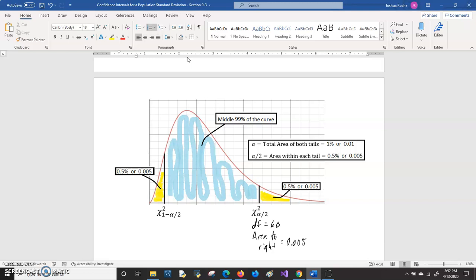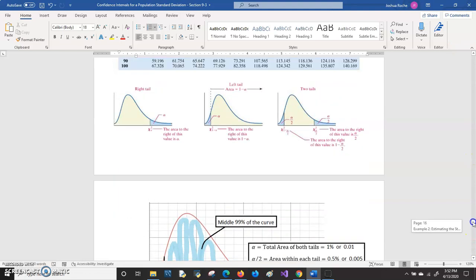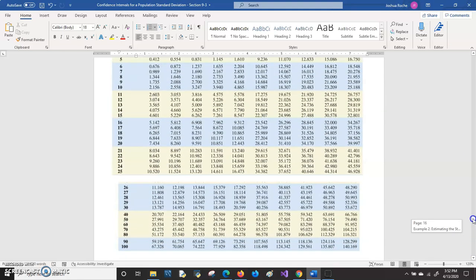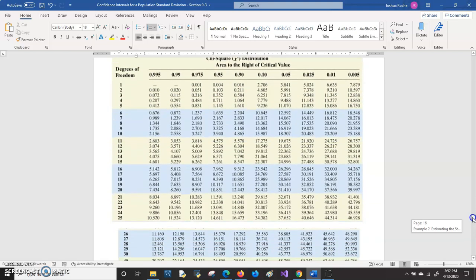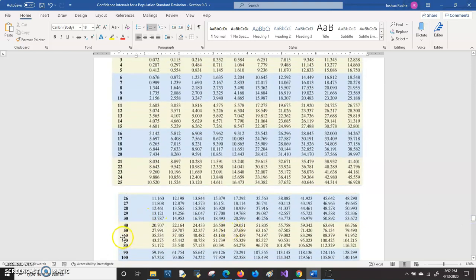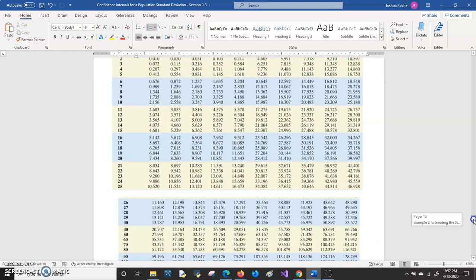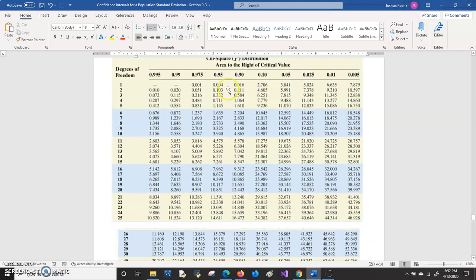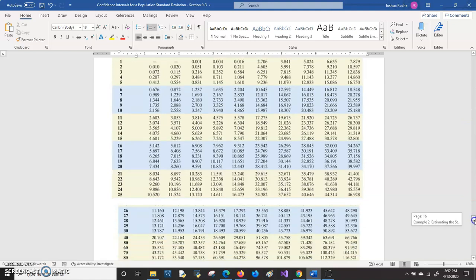We'll go up to Table 8 and look for those two numbers. Here's the degrees of freedom. We'll want to go down to 60. There's 60. And up here, we're looking for an area of 0.005. That's at the very end, so it's going to be the last column.